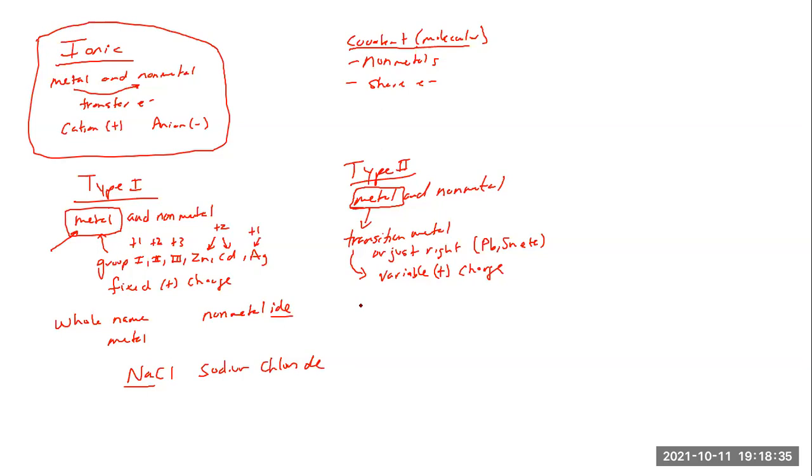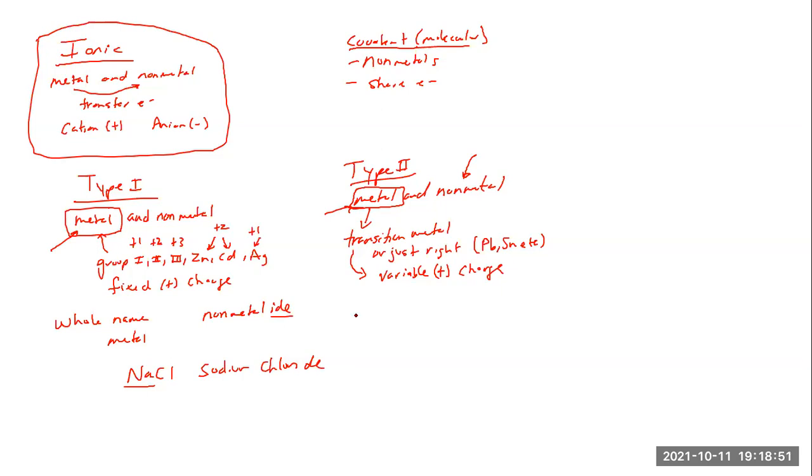When we recognize a type 2 metal, we need to figure out what the charge is on it. We can do that by looking at the non-metal. We always know the non-metal's charge, and we can work our way backwards.